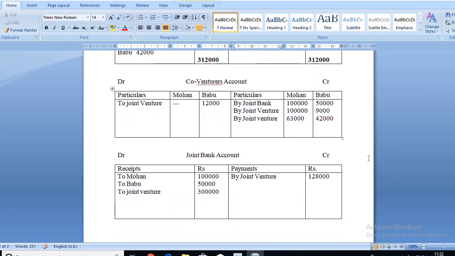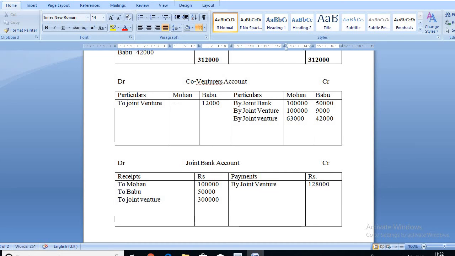Now make the balance of the co-venture account. Here the total of Mohan is 2,33,000 and the total of Babu is 1,01,000.